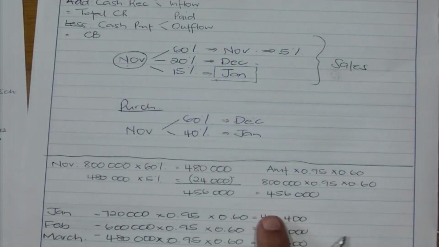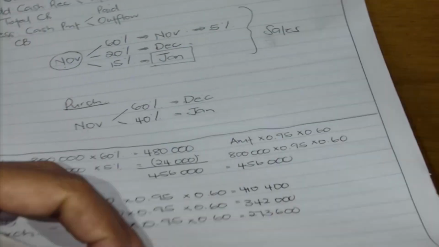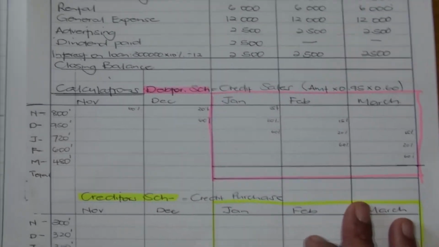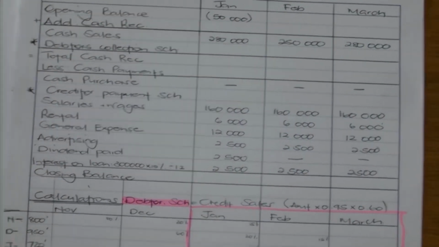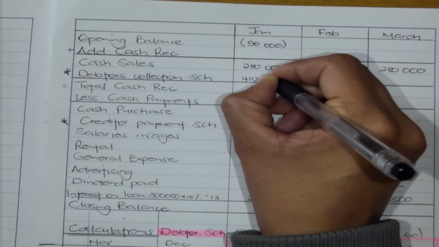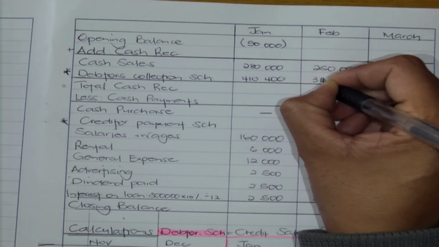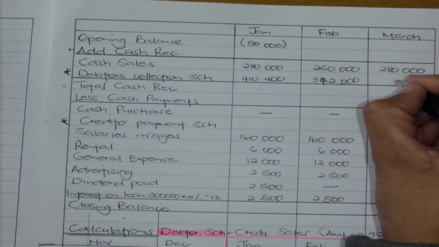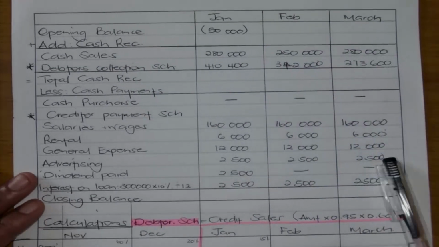So we take these amounts and we carry it over to our cash budget. Right, so January is 410,400, and then we come to our cash budget, we go to our debtor schedule, and then we write it here, 410,400. Our February was 342, and our March 273,600. Now can you see, I'm actually done.